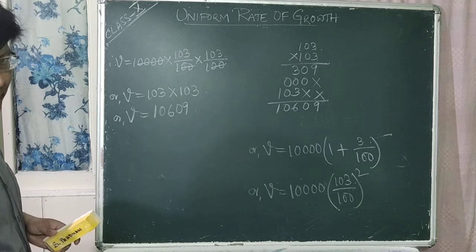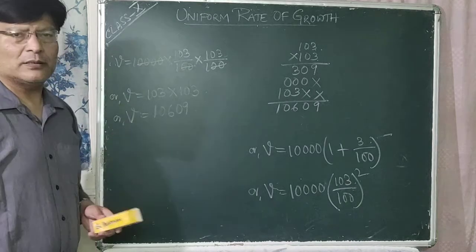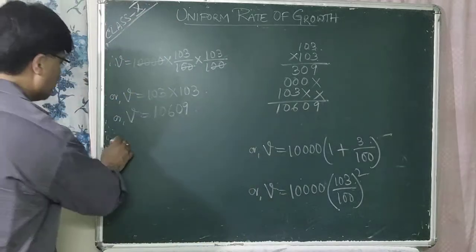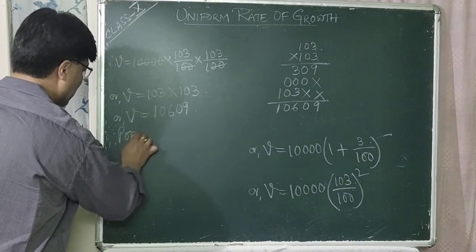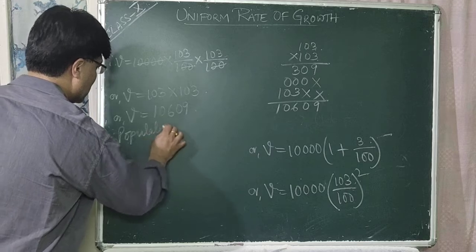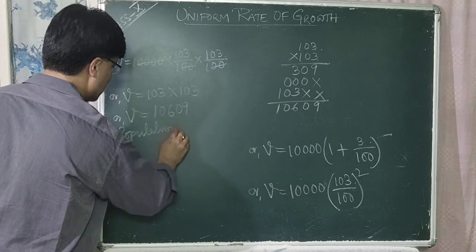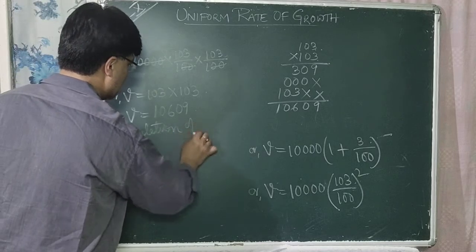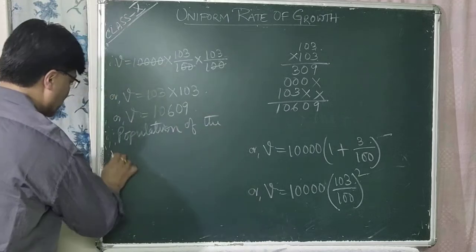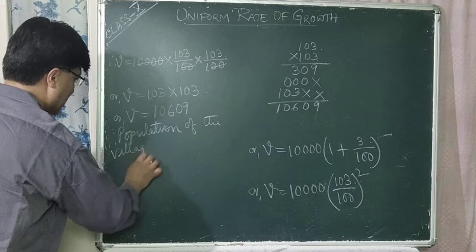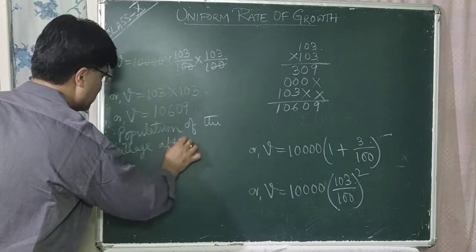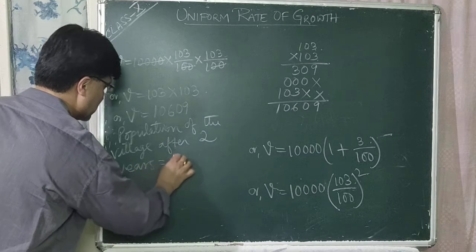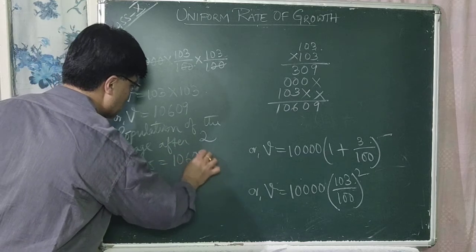So V is equal to 10,609. Right? So this will be the population of the village after how many years? 2 years. Therefore, the population of the village after 2 years is equal to 10,609.